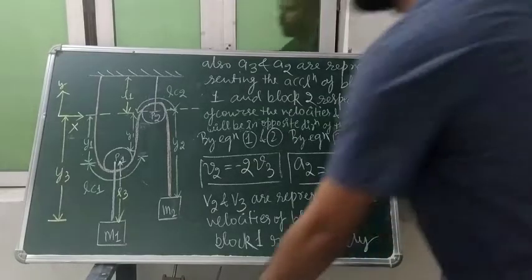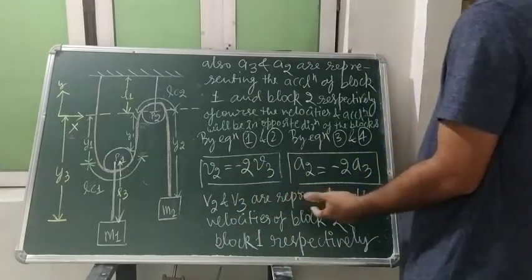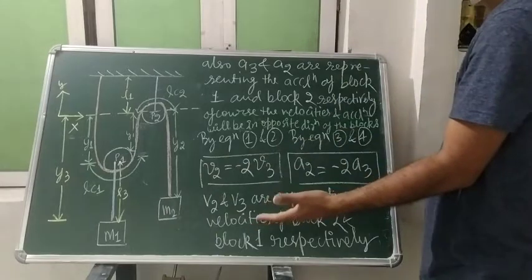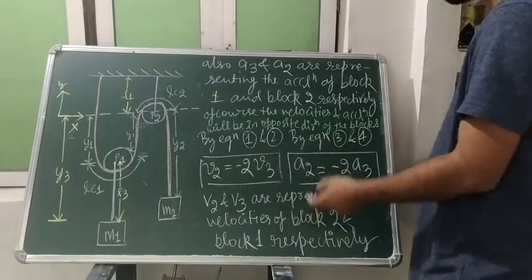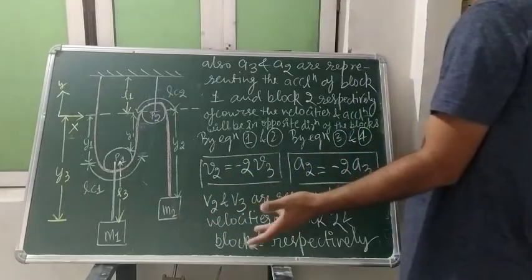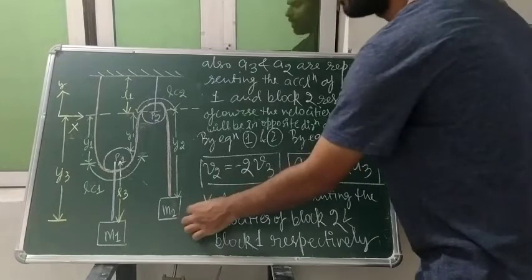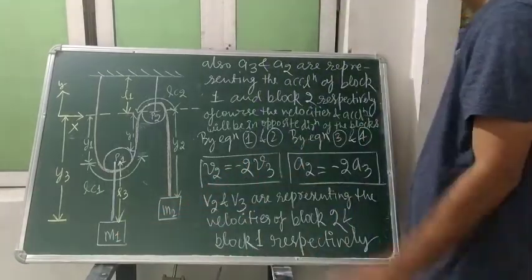Here the meaning is that with whatever velocity or acceleration this block is going to move, the half of that acceleration will be the acceleration of this block m1.